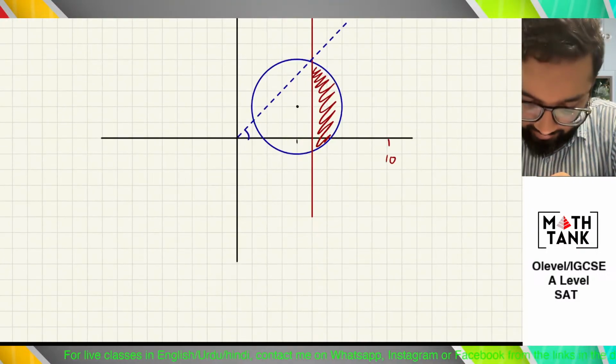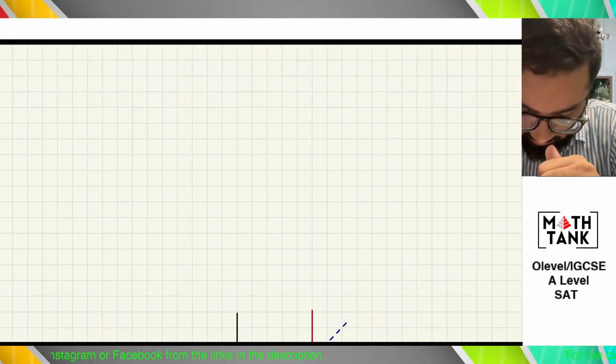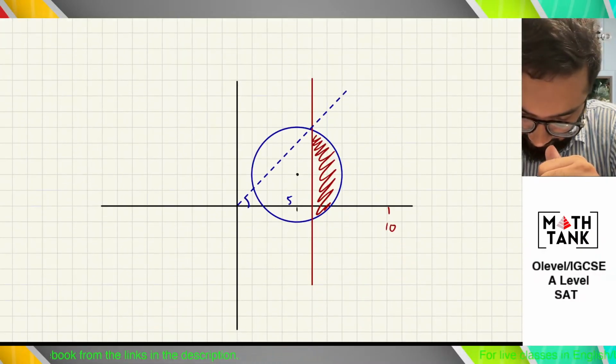Okay, I have this distance which is 5. What is the radius of the circle? The radius of the circle is 3.